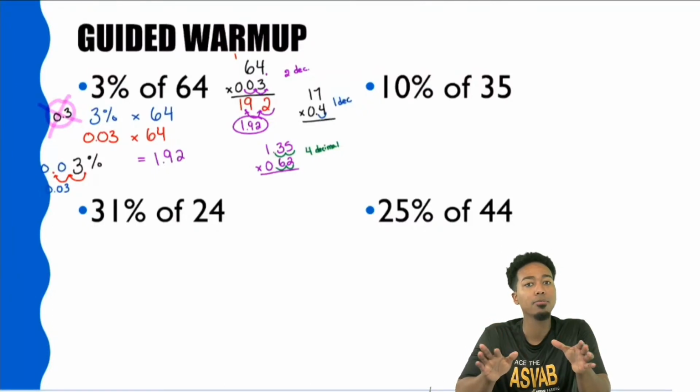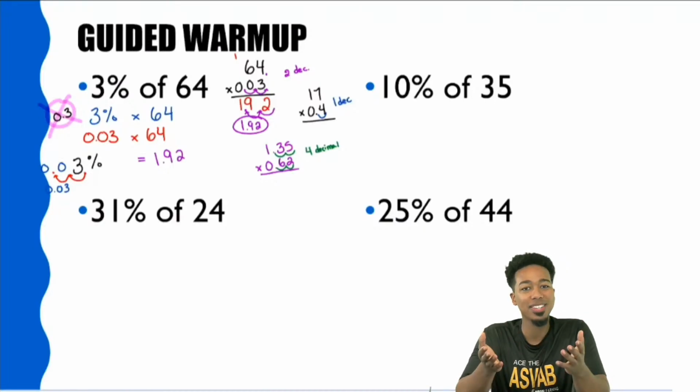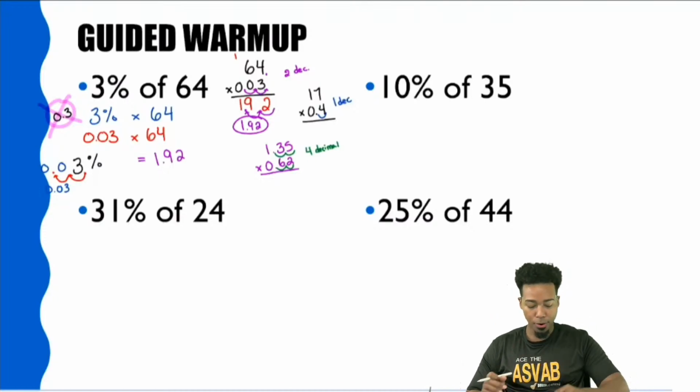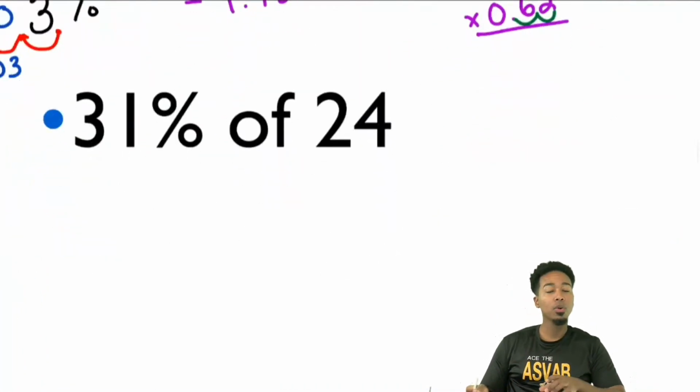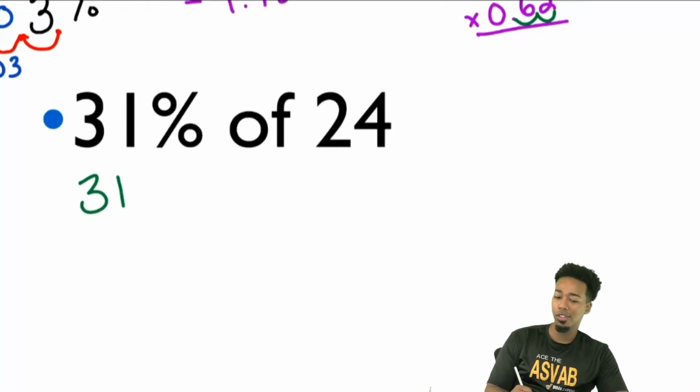For example, everybody, when I said the word of, what does the word of mean when it comes to math? Right. That means multiplication. So when we say, hey, 31% of 24, what does that really mean? That really means 31% times 24.